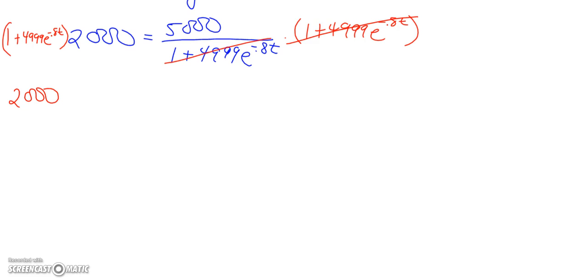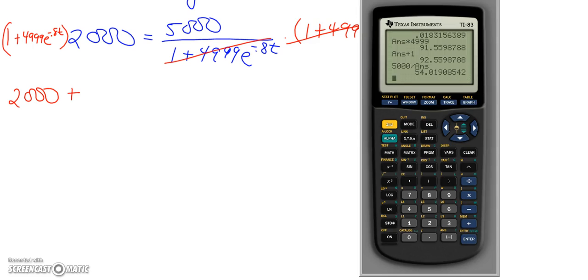1 times 2,000 is 2,000. Plus, I'm going to need a calculator for this one. 4,999 times 2,000 is going to be 9,998,000. 9,998,000 e to the negative 0.8t equals 5,000 still remains.